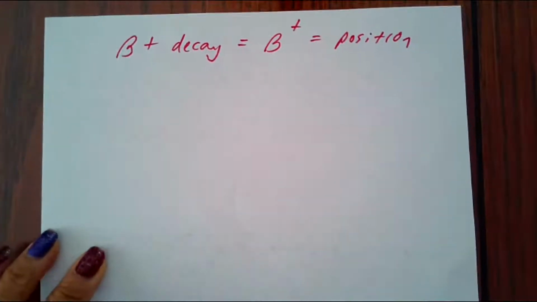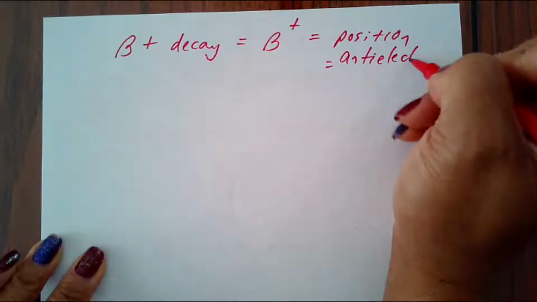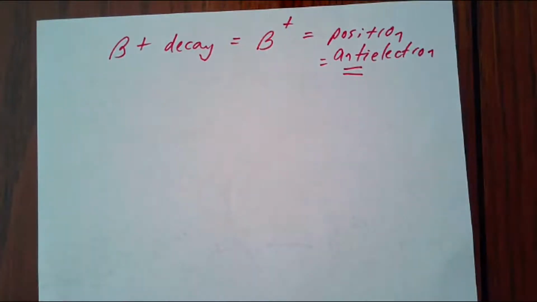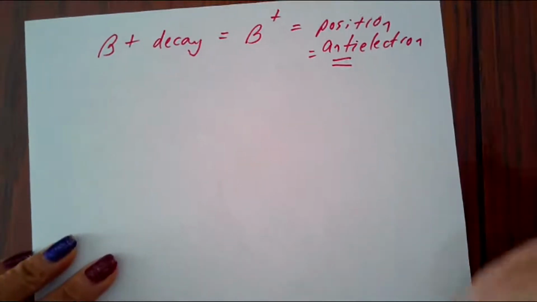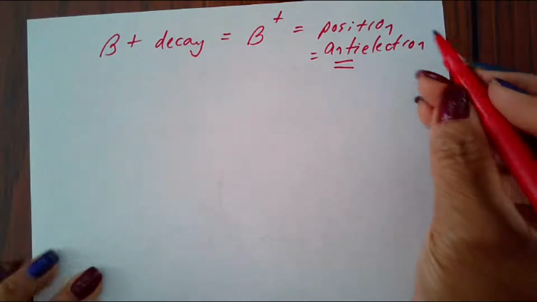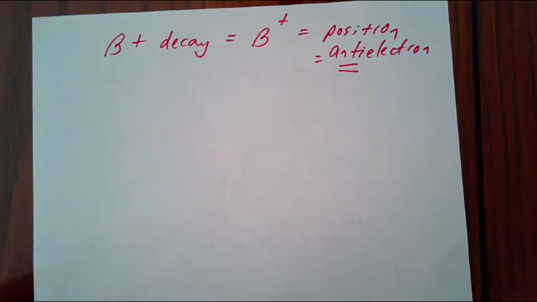And a positron is an anti-electron. So this is the antimatter of electron, a pretty wild idea, the antimatter. The anti-electron has the same mass as an electron, but the opposite charge. So it's called a positron.